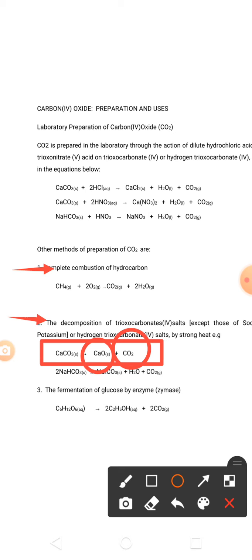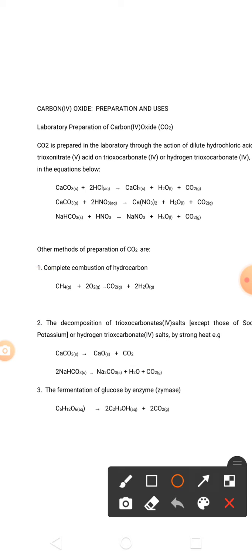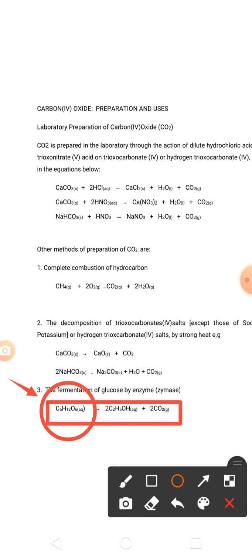And then the last method now is fermentation of glucose by enzyme. The name of the enzyme is zymase. So when glucose ferments, this is the equation here. This one here is glucose. I hope you are following.